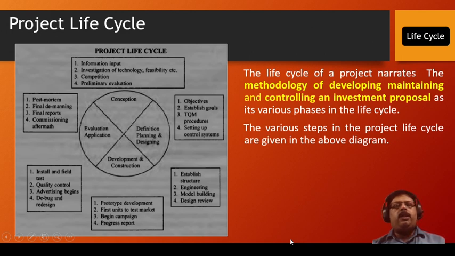If you look into this diagram, initially we start with the information input. Here we can see it is specified into conception, definition, planning and designing, development and construction, evaluation, application.